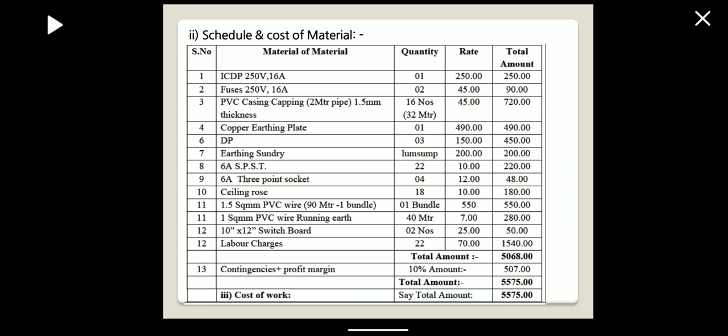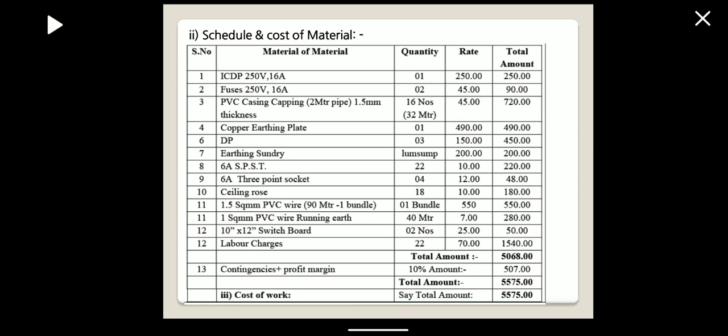So for the schedule and cost of the material, we require the ICDP 250 volt 16 ampere, 1. Then fuses required are 2, near the ICDP or in the ICDP. It has a rating of 250 volt 16 ampere, and it is also 2 in quantity.